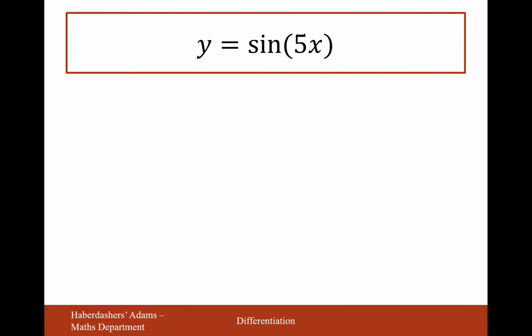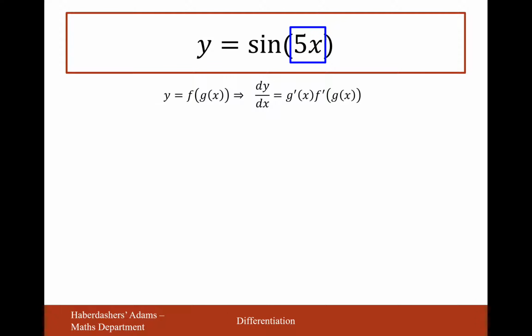And so we have sine of 5x. How do we differentiate this? Well, what we see here is that this is a classic example of the chain rule. One function, 5x, and then applied to another function, sine. So we have one inside function, 5 times x. That's the first function that's being applied to the x value.